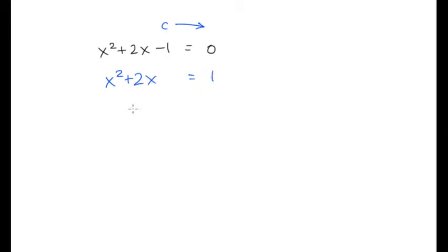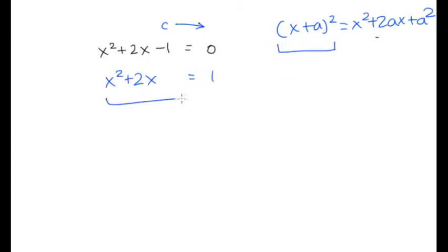Now what we're going to do is recall that x plus a squared is equal to x squared plus 2ax plus a squared, right? So if we pattern match, completing the square essentially is getting this x plus a squared format in the left-hand side here. So how do we do that?